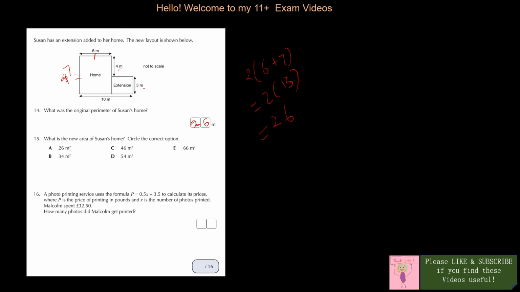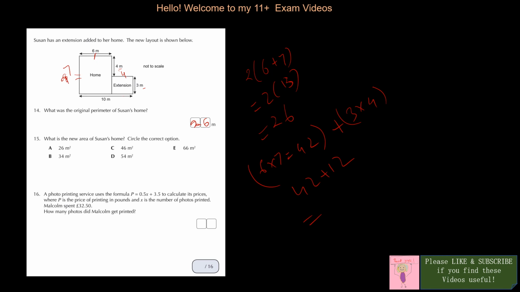Okay, then what is the new area of Susan's home? The new area should be, we have got 6 times 7 is 42, and that has to be added to 3 times, what is this, 10 minus 6 is 4, 3 times 4, that's 12, so it's 42 plus 12, that is, what am I doing?